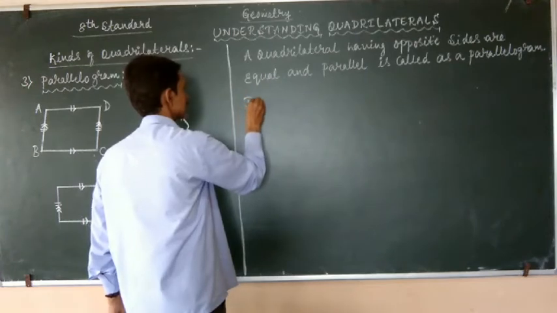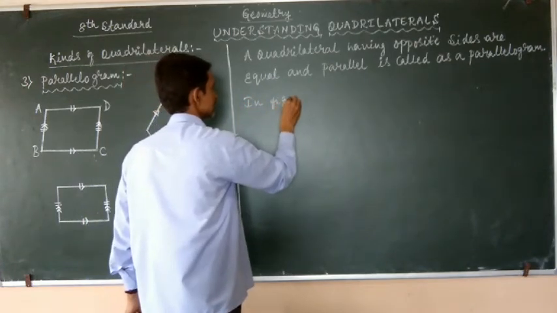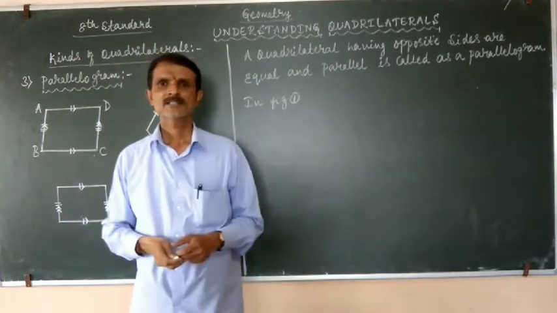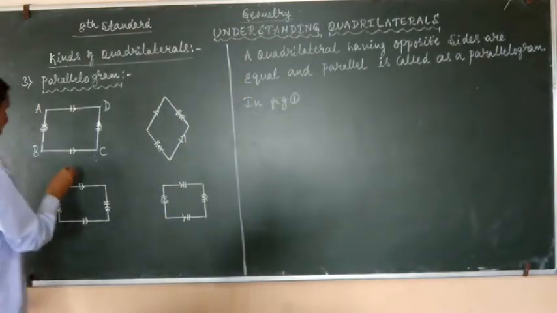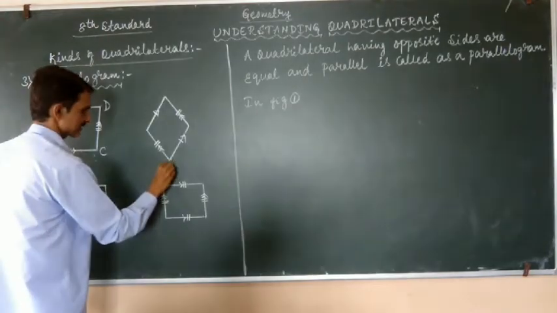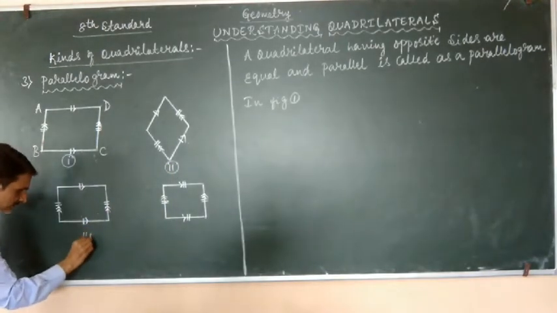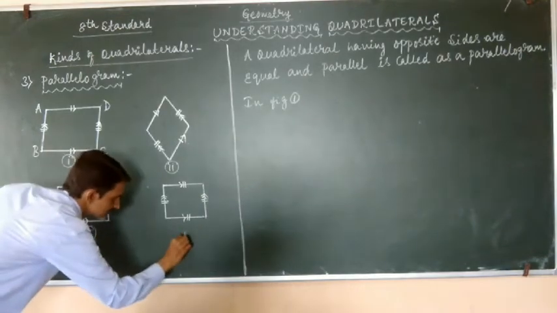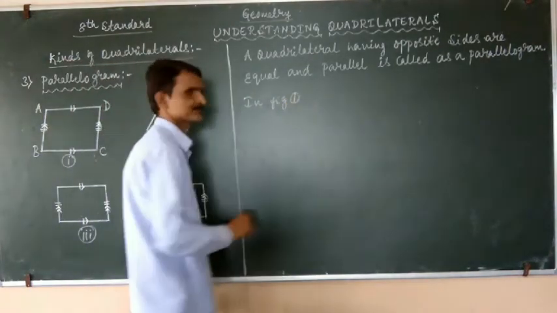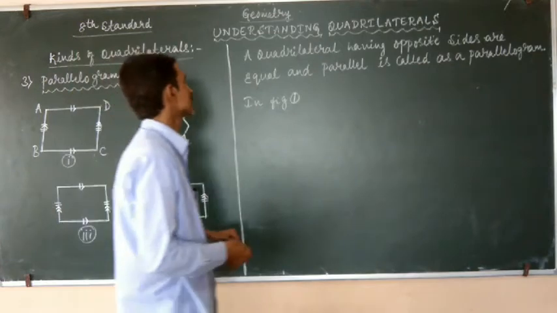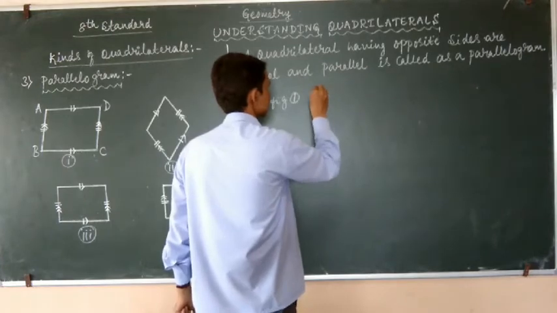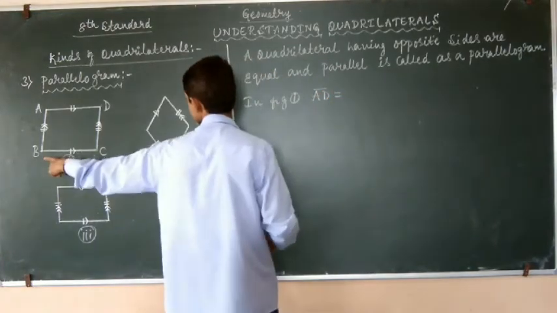So in figure 1, we will take the first figure. This is the second figure. Third figure. This is the fourth figure. So in figure 1, according to the definition, side AD is equal to side BC.